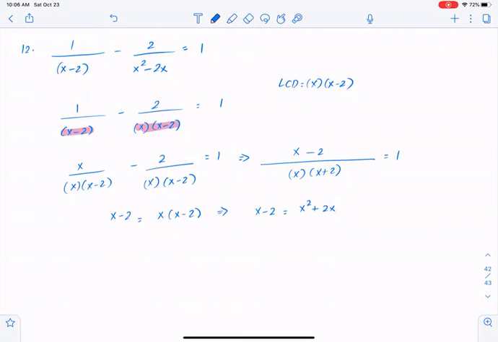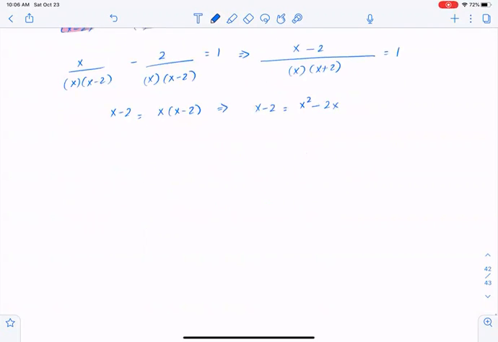For a moment I paused because something didn't add up. So minus 2x, which would mean x squared minus 2x minus x plus 2 would equal 0. So I moved all the x terms to one side, numbers to one side. So that's what I'd end up getting, which will reduce to x squared minus 3x plus 2 equals 0.